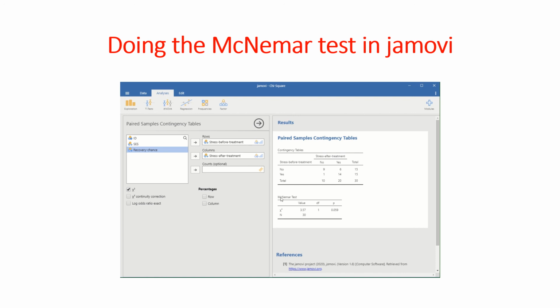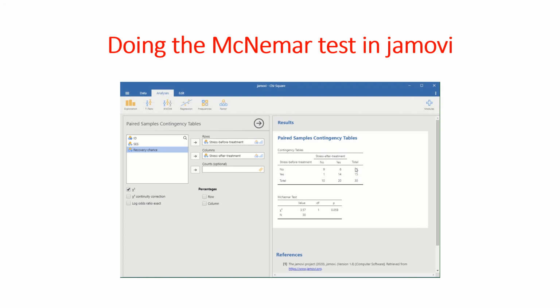And then we go to the McNemar test table here, and we'll see that it is again not significant, but it's borderline because it's still above 0.05. How to interpret that? You can easily see that the number of people who said they didn't have stress before treatment is 15, and those people who said they had stress before treatment is 15.